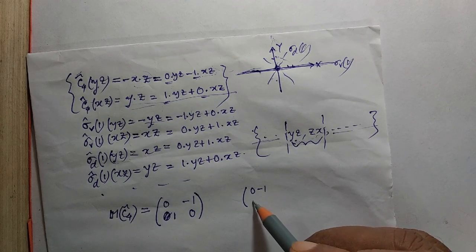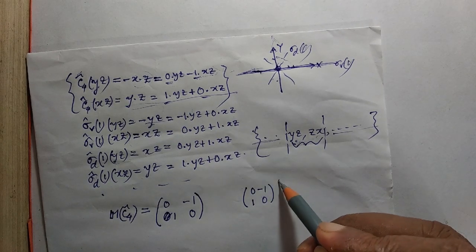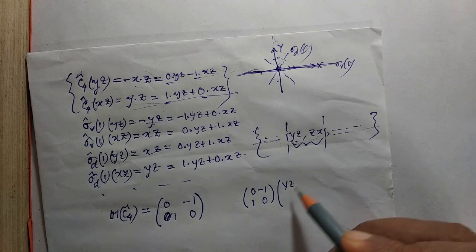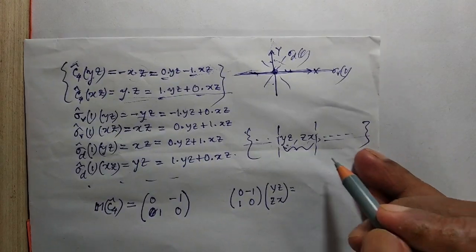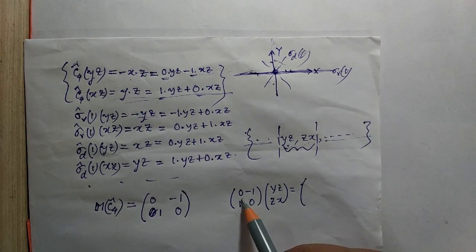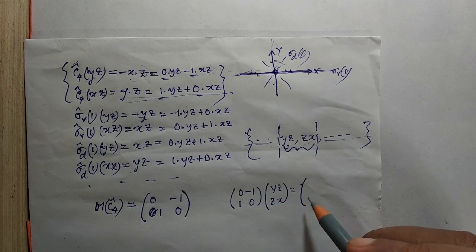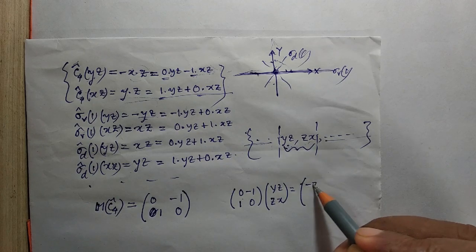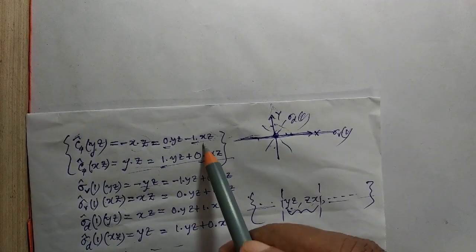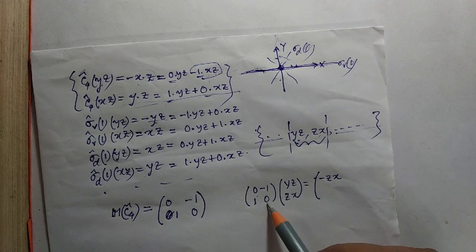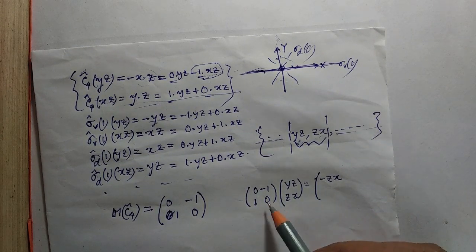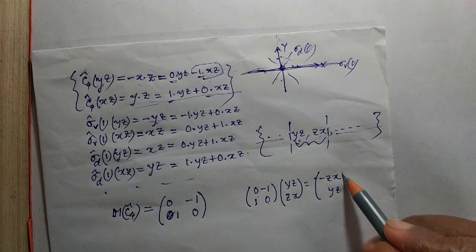The matrix 0, minus 1, 1, 0 multiplied by the column matrix yz, zx will give 0 into yz minus 1 into zx, which is minus zx. Here we have got it. 1 into yz plus 0 into xz will give yz.